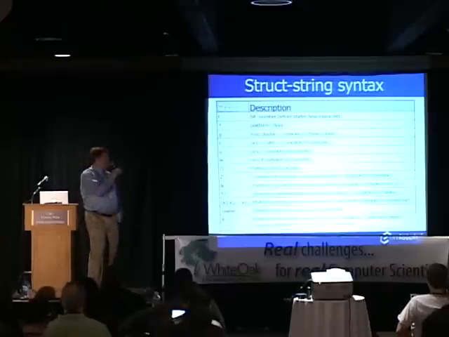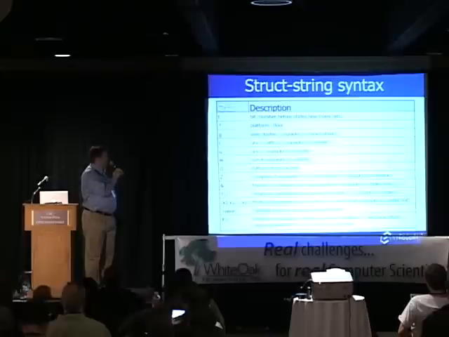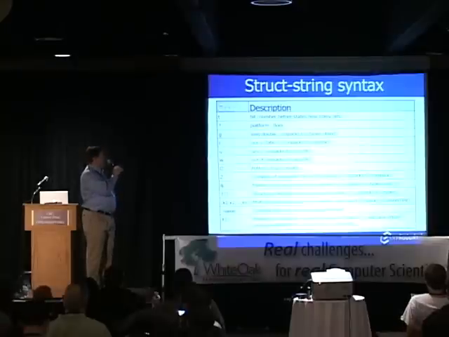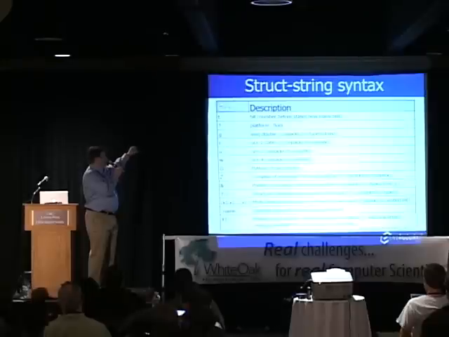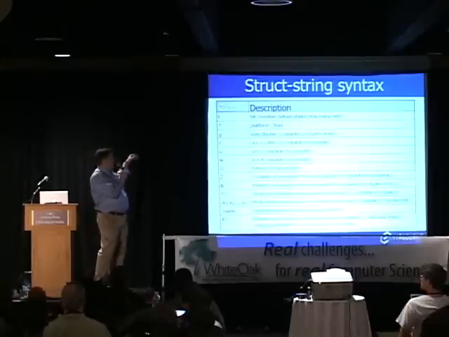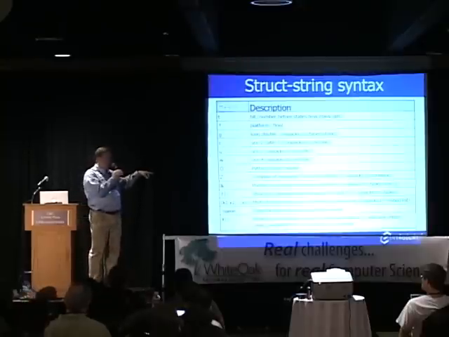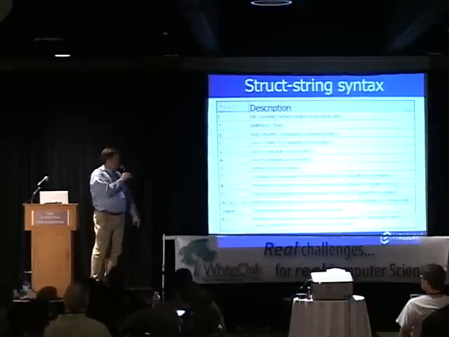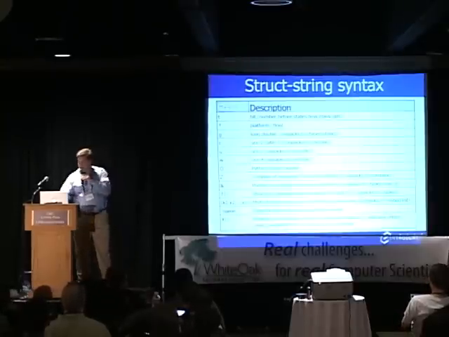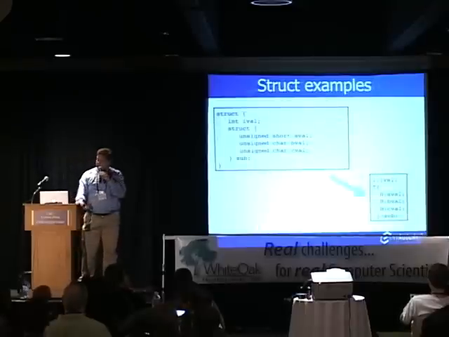The struct string syntax is the last piece, and you can see here a couple of the additions that have been made. There's a desire to be able to communicate bit field information as well as the platform bool, a long double, the UCS1, UCS2, and UCS4, a Python object pointer, a complex number, a pointer to a number, and a structure with T. Probably the best thing is to look at an example of how that looks.